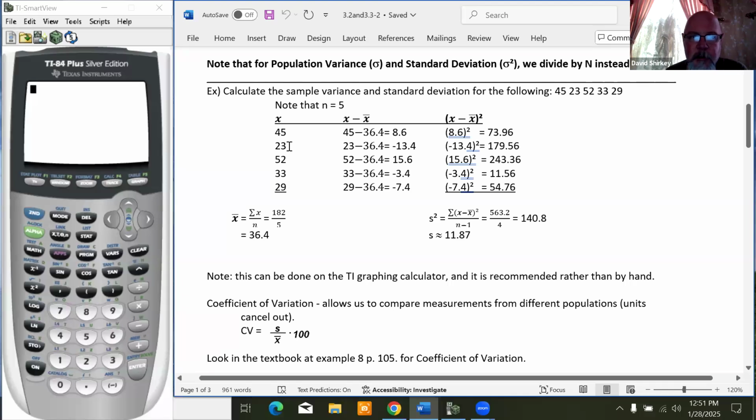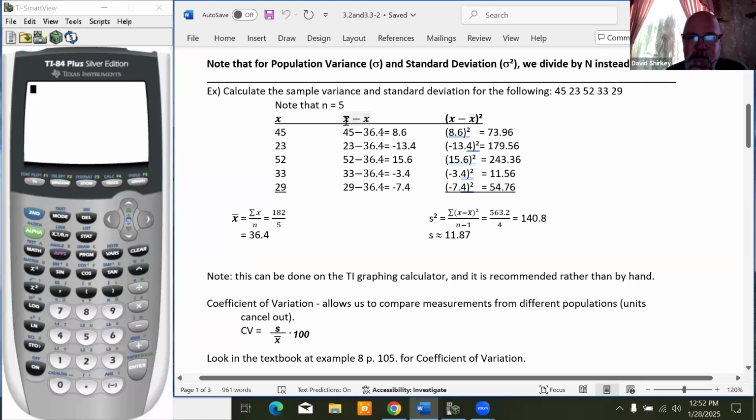This is your actual data: 45, 23, 52, 33, 29. At the bottom of that column, you find x bar, because we're doing samples. That's the sum of all of your x's, which turns out to be 182, divided by your sample size n, which is 5. 182 over 5, I rounded it to 36.4, okay?